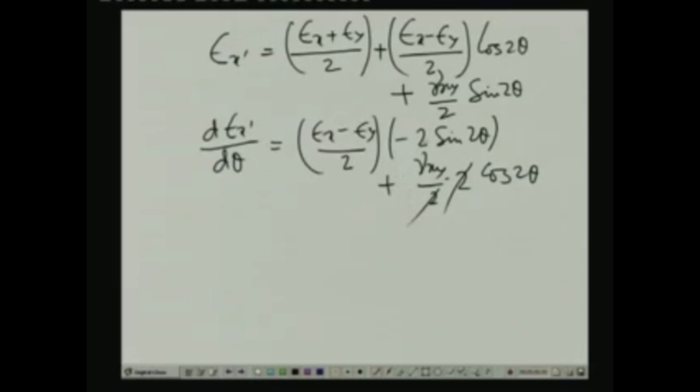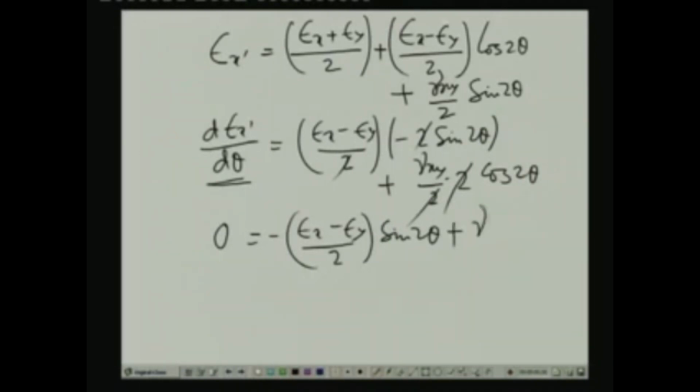This 2 gets cancelled. For maximizing the normal strain, this is equal to 0. So, 0 is equal to epsilon x minus epsilon y by 2 sin 2 theta with a minus sign here, plus gamma xy cos 2 theta.